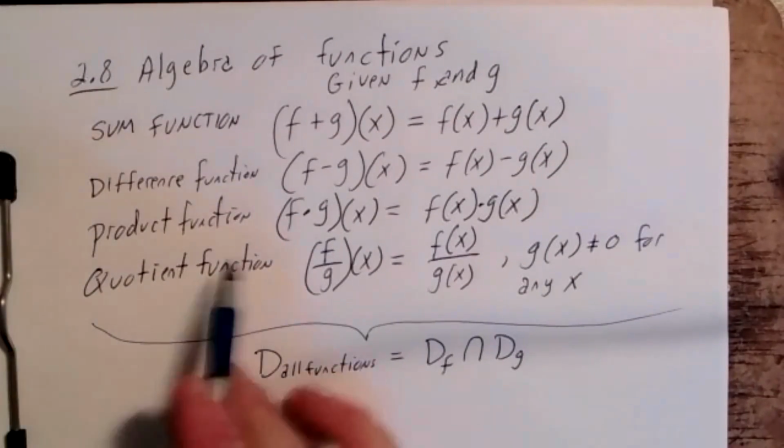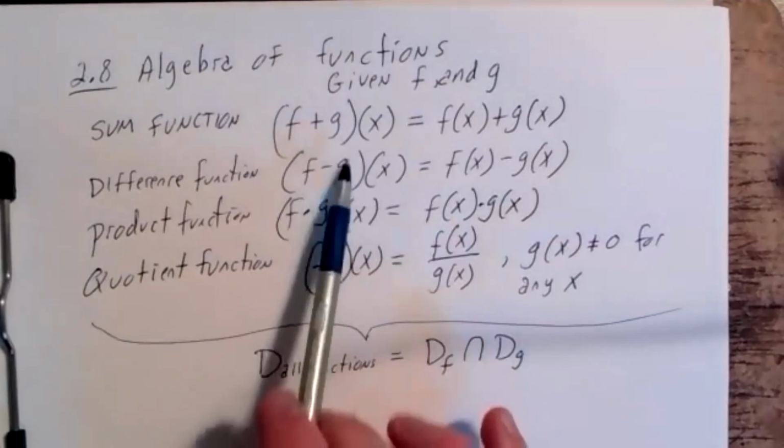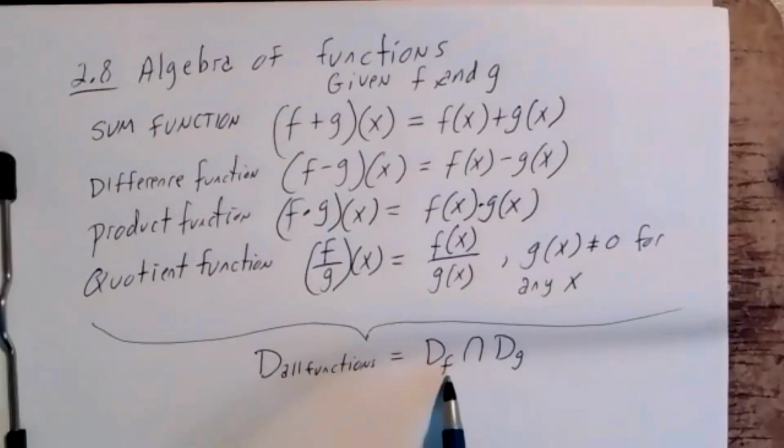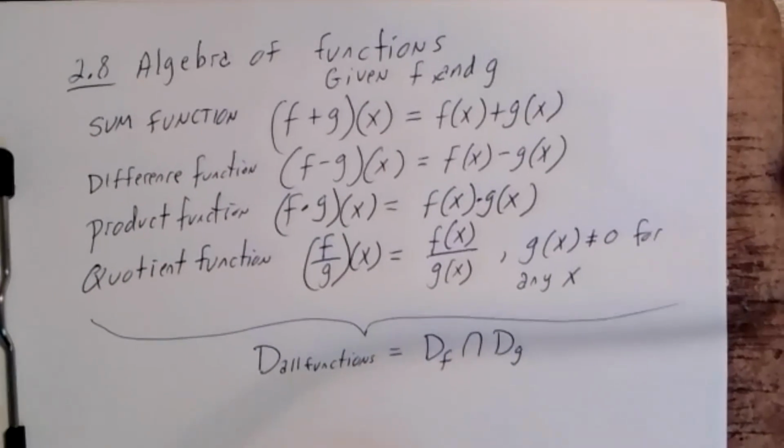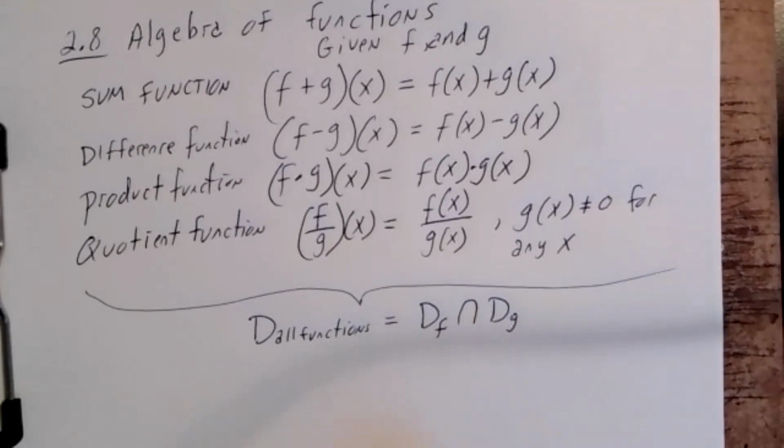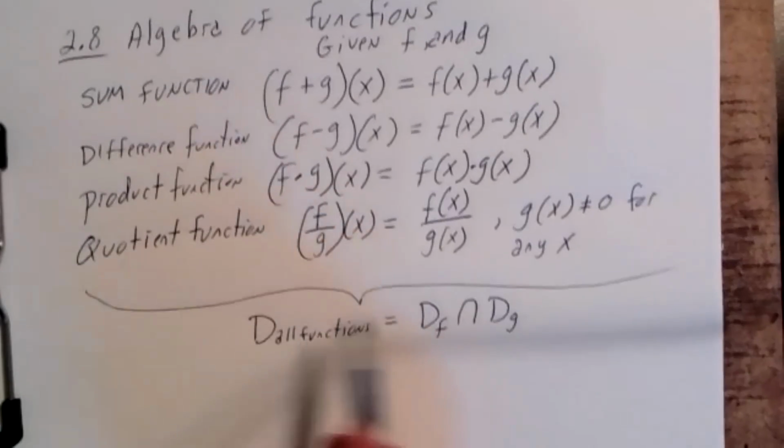So the domain of the sum, difference, product, and quotient functions is equal to the intersection of the domains of the component functions. All right, so that's your sum, difference, product, and quotient.